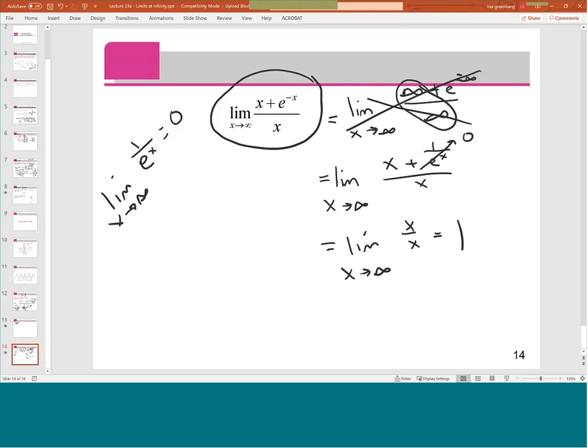Any questions? I have a question about that last problem. The one before this one? No, this one. So when we substitute, we plug in infinity for everything. But in this case, if you knew e to the negative x is equal to 0, then you'd be left with x plus 0, which would still be x. Yeah. Right. So, yeah, it's x over x.